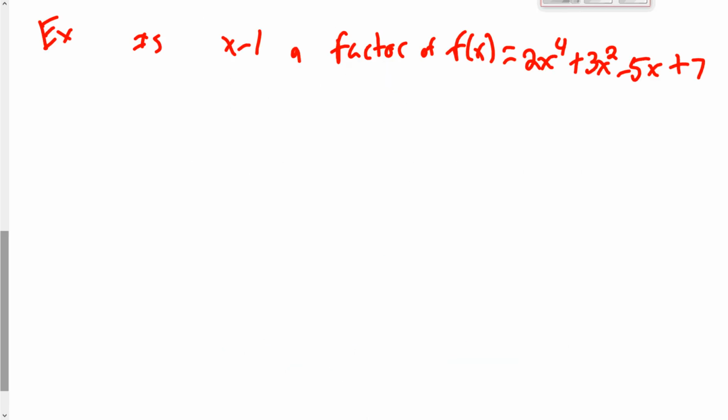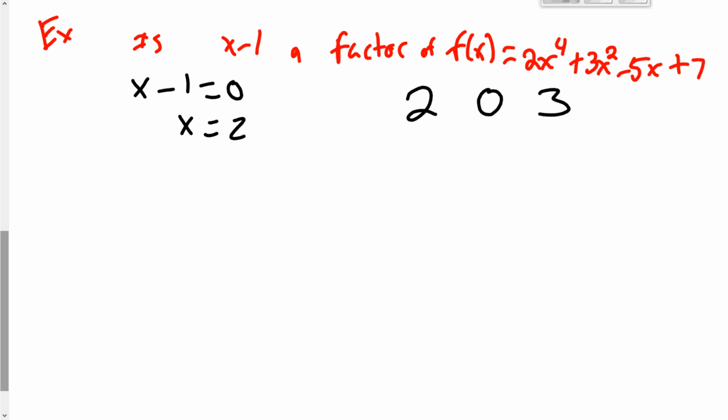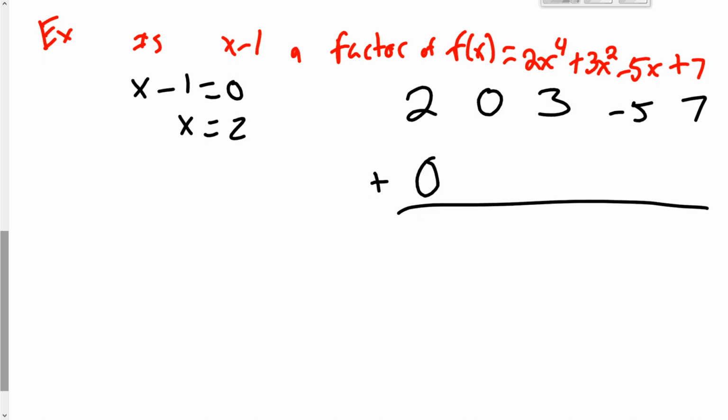Okay, I'll also do this one. Again, you set what you're asking to see if it's a factor. We're trying to see if x equals 1 when we put it through synthetic division gives us 0. We start at exponent 4, and we're missing an exponent 3, so I need to put a 0 in for that coefficient. I have the 2 exponent, the 1 exponent, and the 0 exponent, so those are all good. 0 on the second line. Add those two rows together, we get 2.